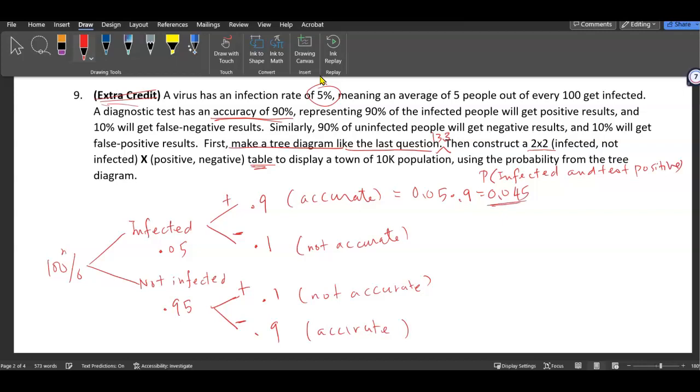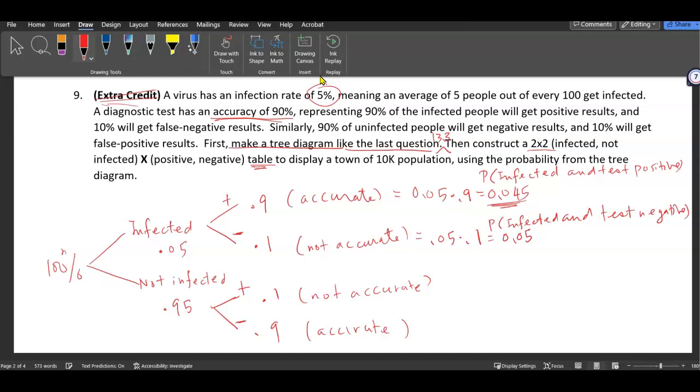So that's this much. Again, if you were to take the 0.05 times the 0.1, what does that give you? That's 0.005. And what is that the probability of? Infected and tested negative, right? So you can finish that.